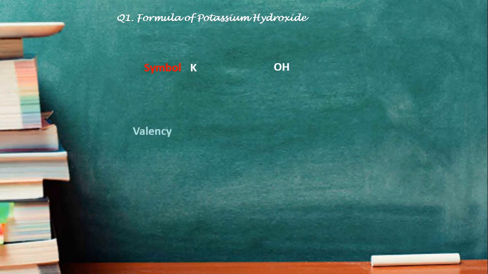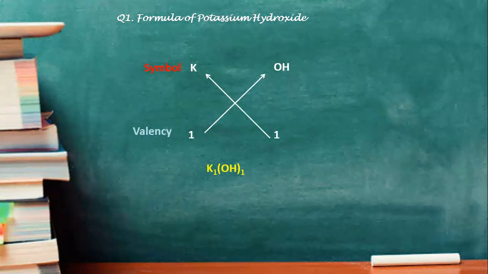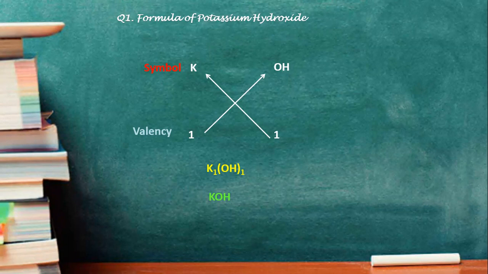So potassium and hydroxide both have valency 1, and then we crisscross it. So when we crisscross, K1 OH the whole bracket 1. Now students, that number 1 is always understood and that is why we write the final formula as KOH. So potassium hydroxide ka final formula is KOH.